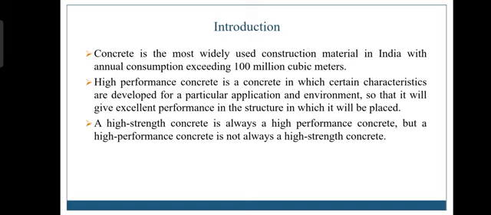A high strength concrete is always a high performance concrete, but a high performance concrete is not always a high strength concrete. The basic difference between high performance and high strength concrete is that HPC is defined on performance criteria such as durability, high strength and high workability, whereas high strength concrete is defined on the basis of compressive strength at a given age.